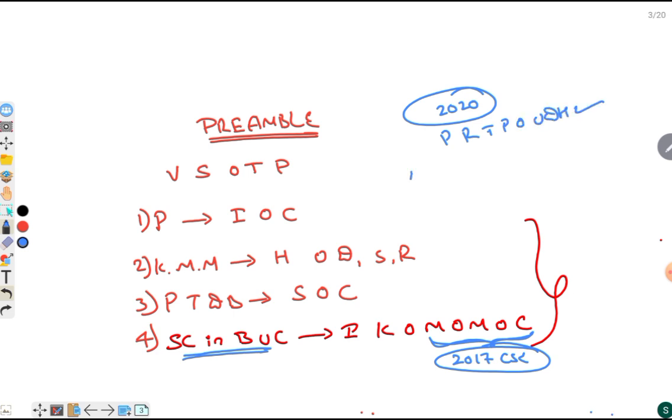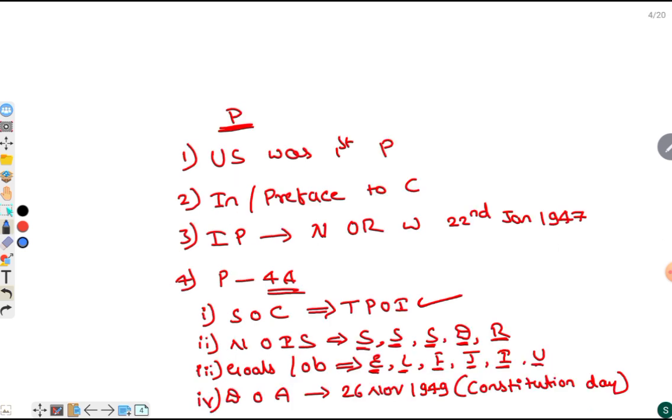Not only the preamble but also DPSP, fundamental rights and fundamental duties reflect the principles of UDHR. Then in 2017 there was a question on goals or objectives of the preamble, especially equality, liberty and fraternity.